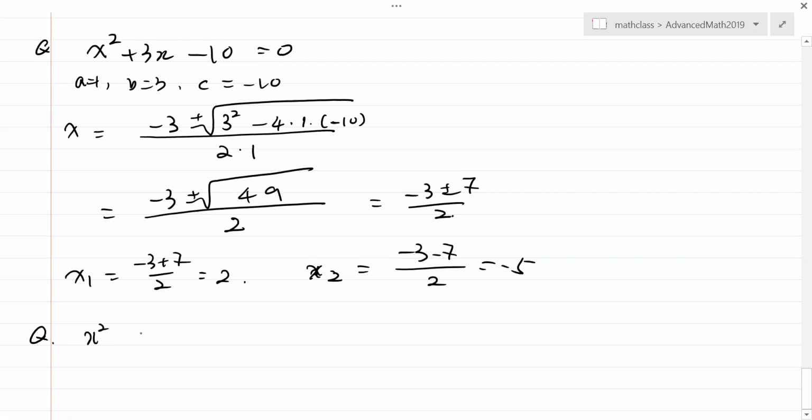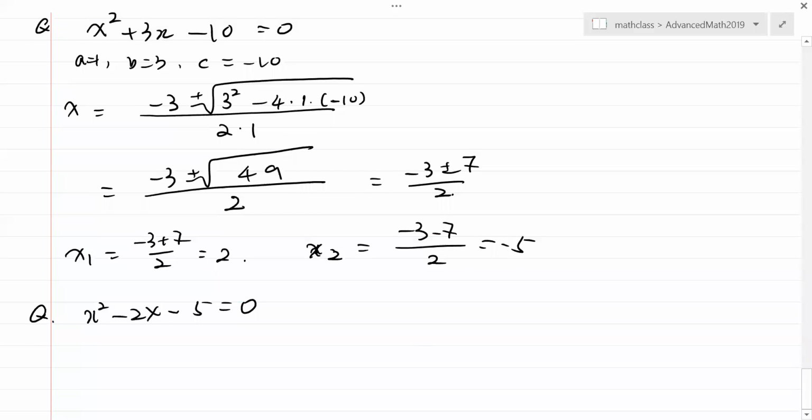Okay, let's take a look at another problem we did. It's x squared minus 2x minus 5 equals 0. Okay. Please, you can try this.